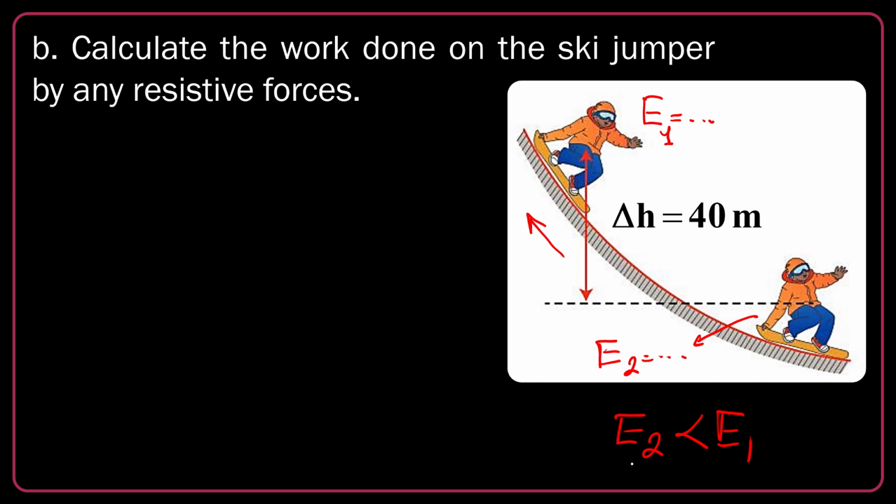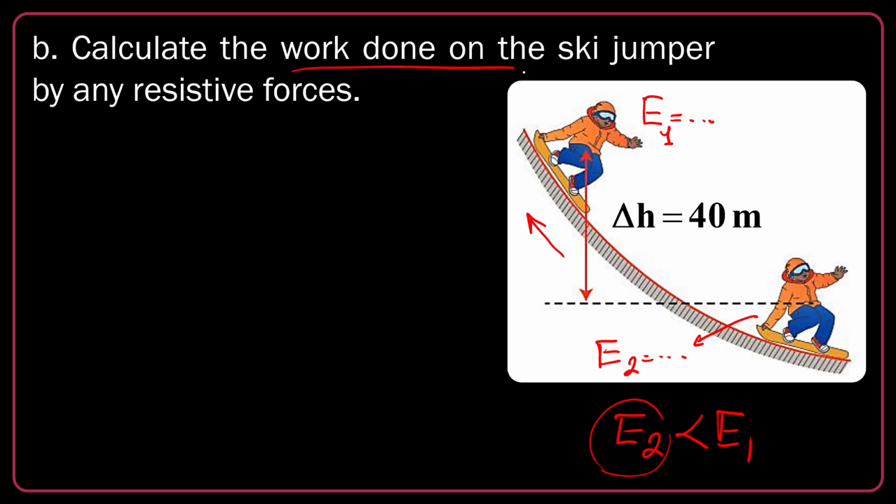Actually, this is 80% of that, as we found. So basically, the lost mechanical energy has already been converted to internal energy, and this is exactly the work done by the resistive forces.